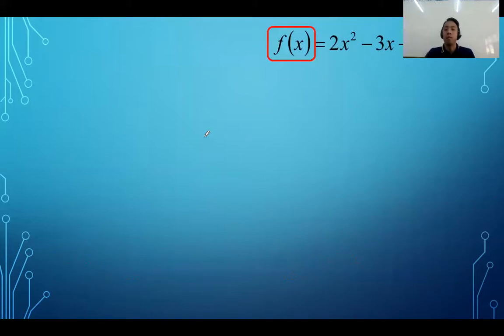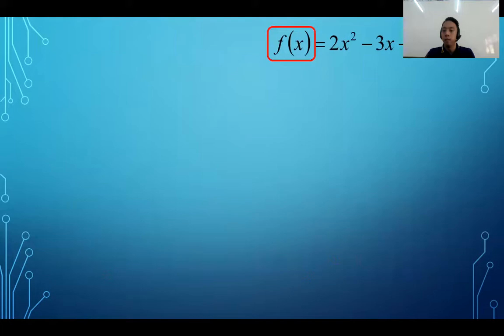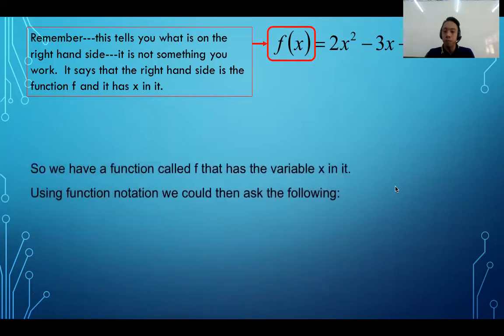Now let's try something. What if we find the function of 2? As I said earlier, the x is a variable, so we can change it into anything: a number, a letter, or a combination of numbers and letters.